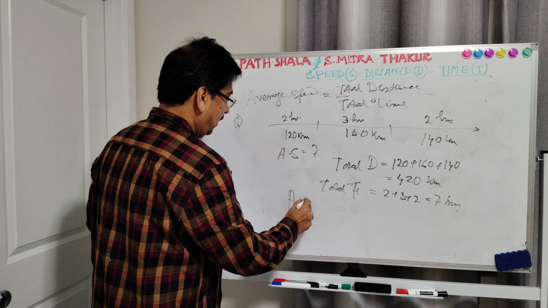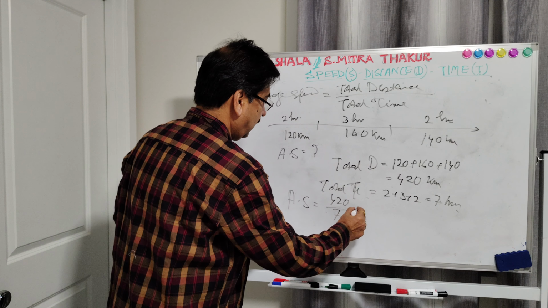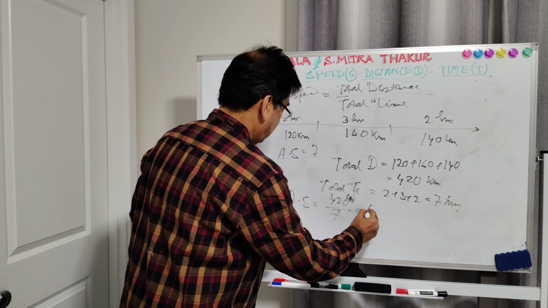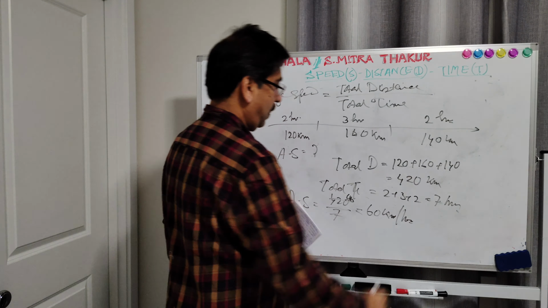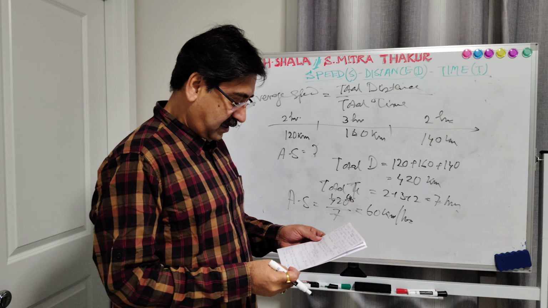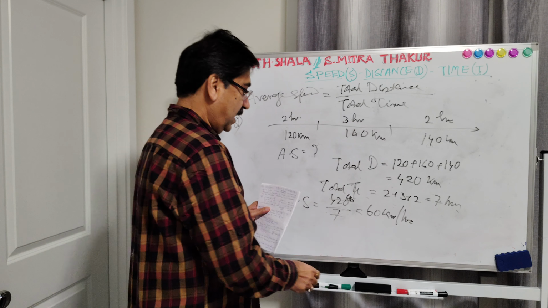So average speed will be 420 divided by 7, 60 kilometer per hour. The average speed of that train is 60 kilometer per hour, right?